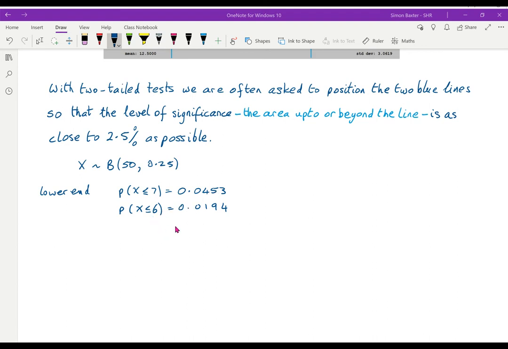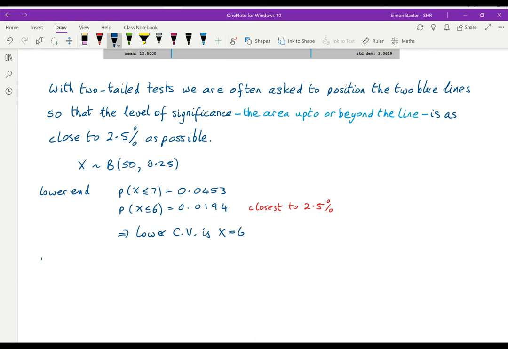If I go down to 5, 4, 3, this will get smaller. 0.0194 is the closest to 2.5%. So my lower critical value is 6. That's right, X equals 6.